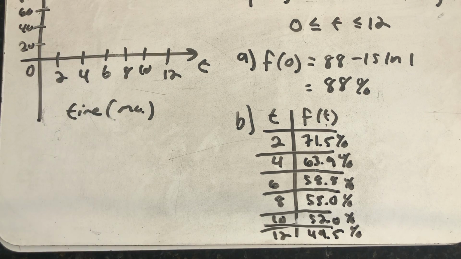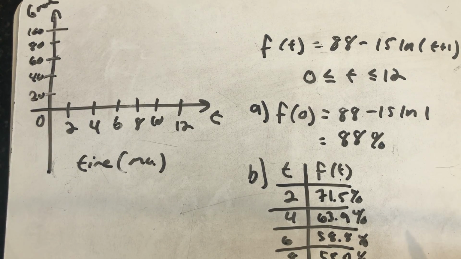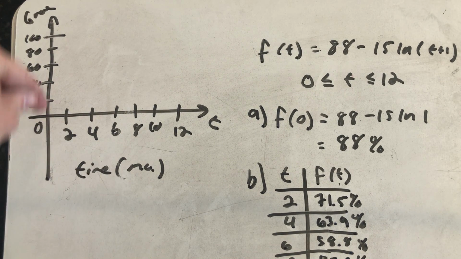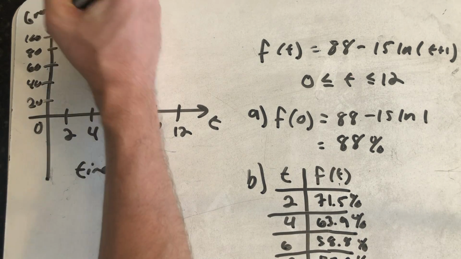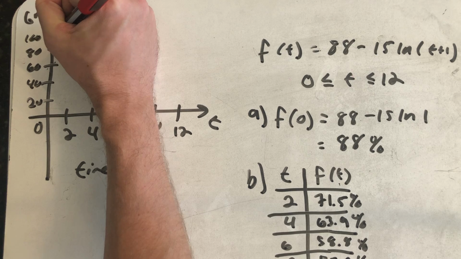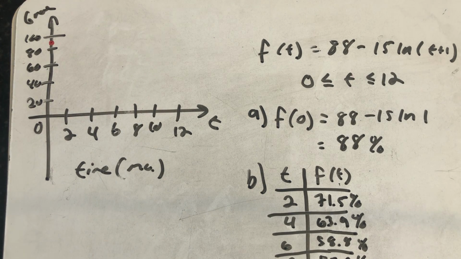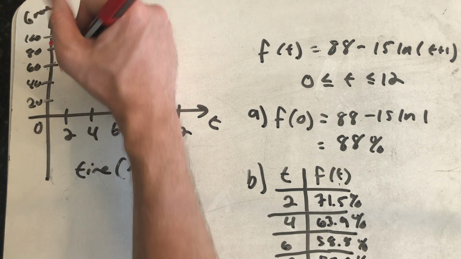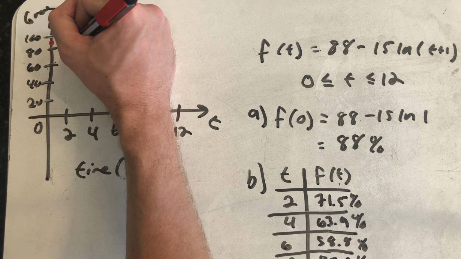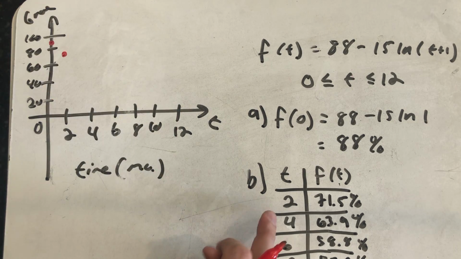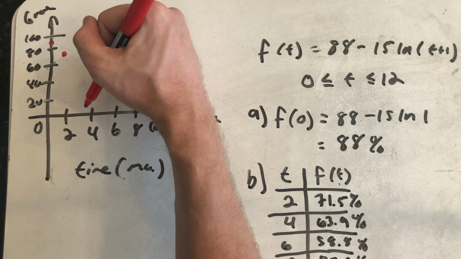All right, so let's plot all the points we have, starting with the initial point. I did the thing where I wrote off camera again, but I was just counting by 20s up that y-axis. So at 0, 88%, somewhere about right there. 2 months later, 71.5. So let's see, 70 would be right there, so 71.5. 4 months, 64.